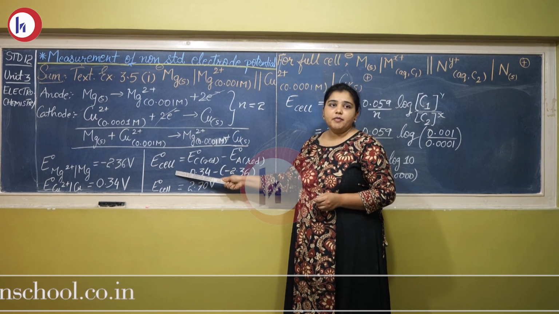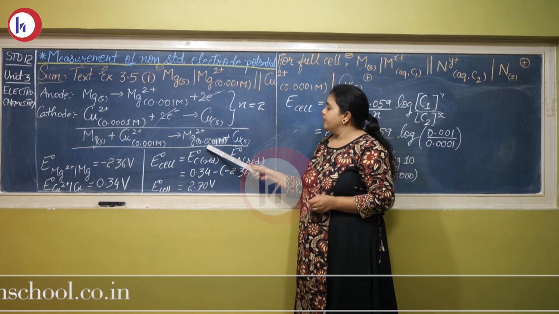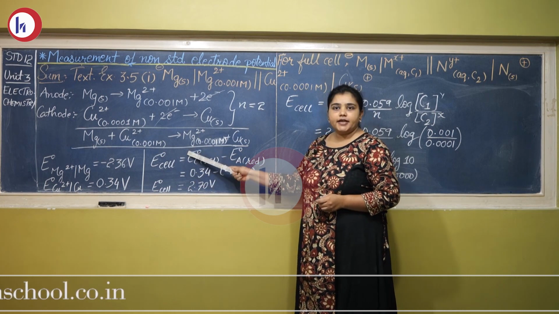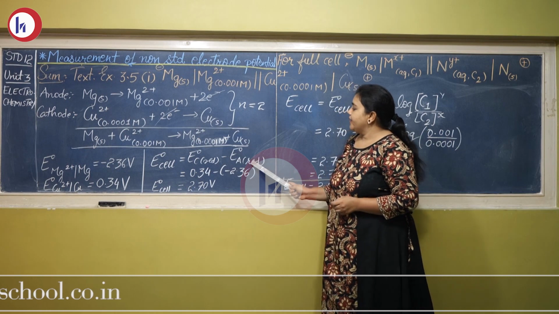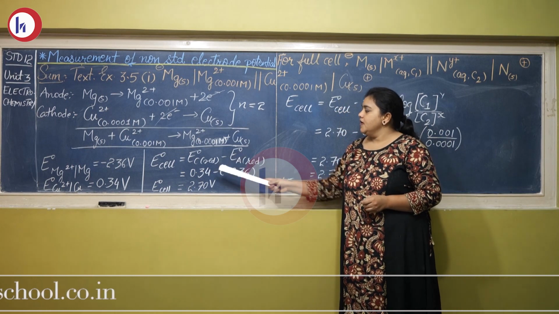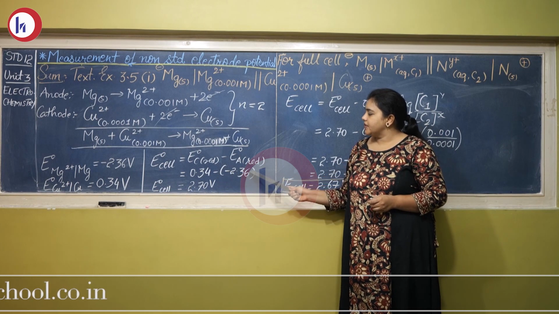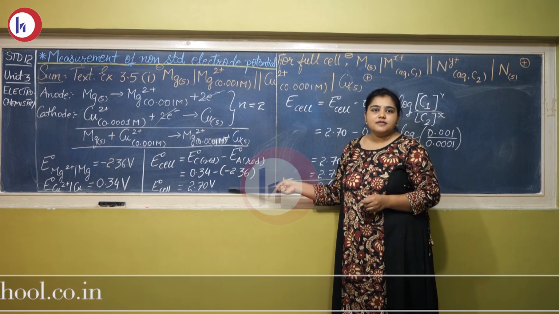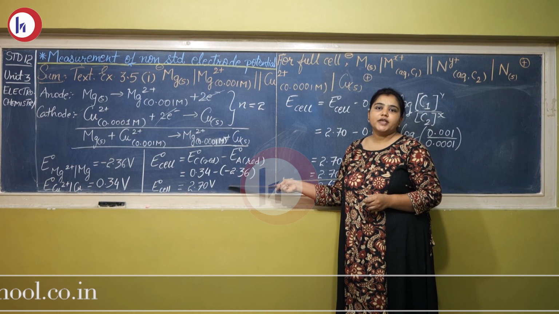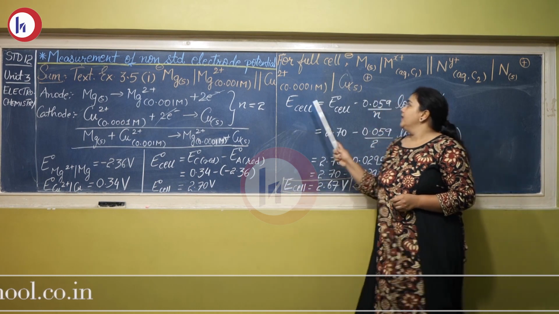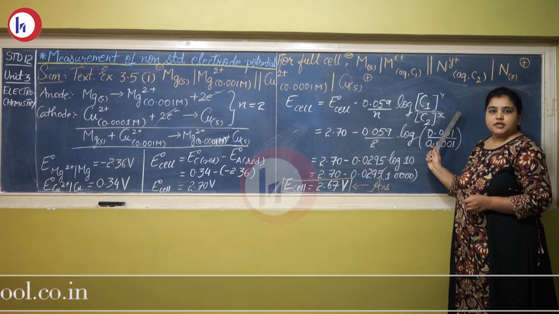E0 cell, if you remember the equation, is equal to standard reduction potential at cathode minus standard reduction potential at anode. Substituting the values, 0.34 minus of minus 2.36, the value of standard cell potential comes equal to 2.70 volts.